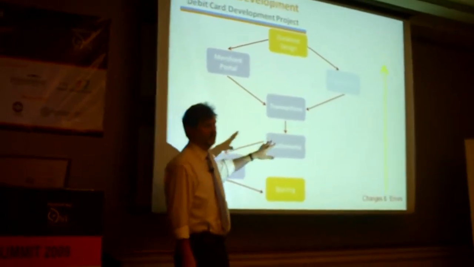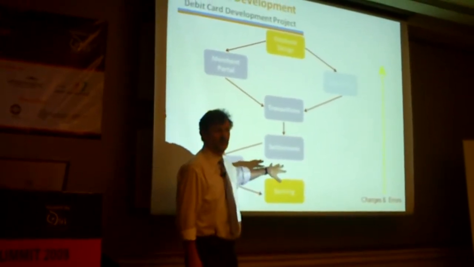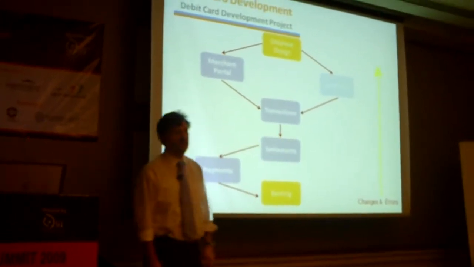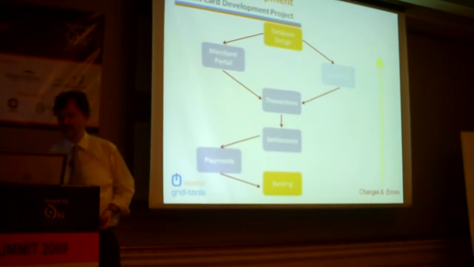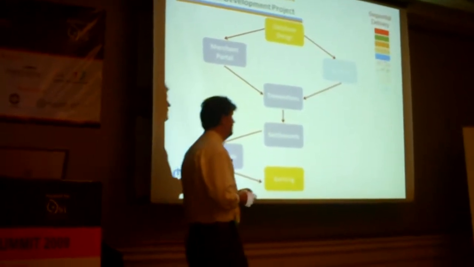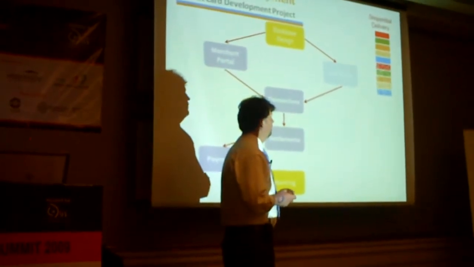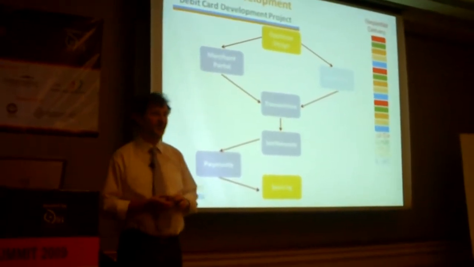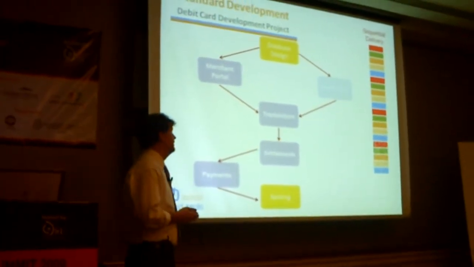And that's very common. People find problems with the structure right at the end, and they have to go all the way back to the beginning and redo lots and lots of stuff. So you end up with a very sequential delivery. And that's probably most of the projects I've worked on before I discovered the joys of data.